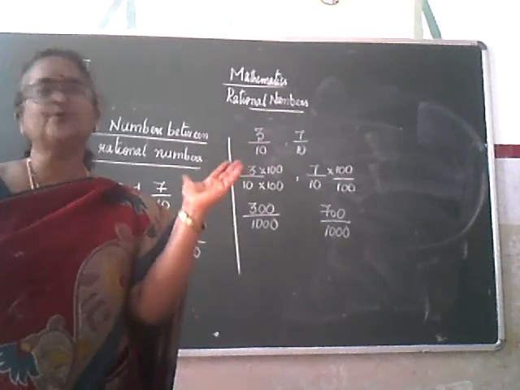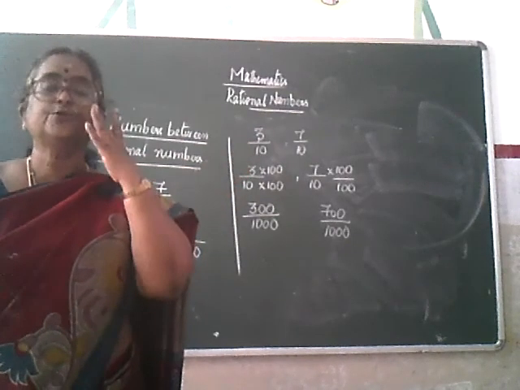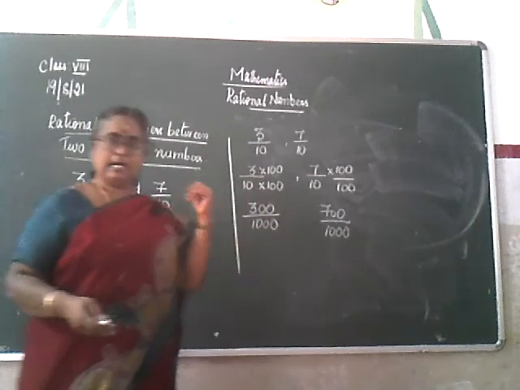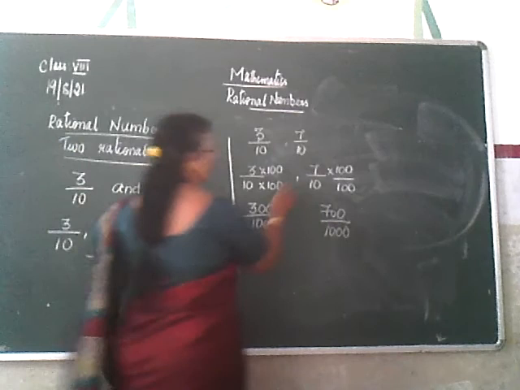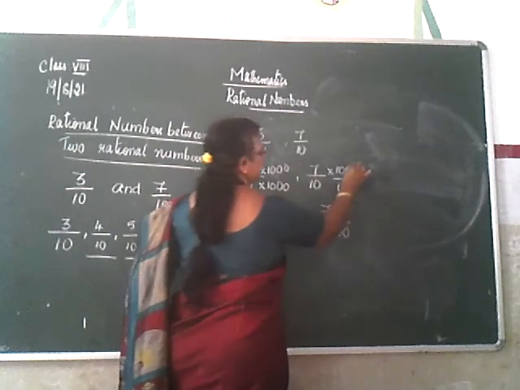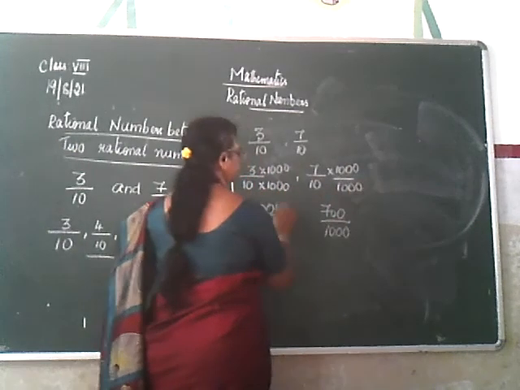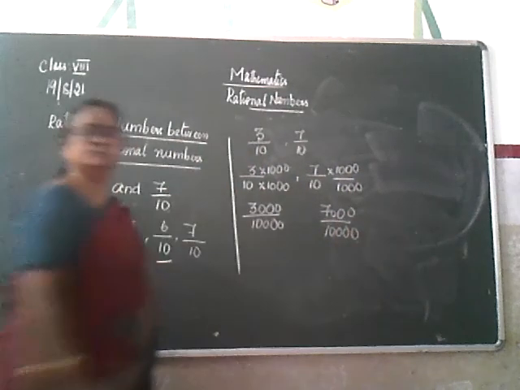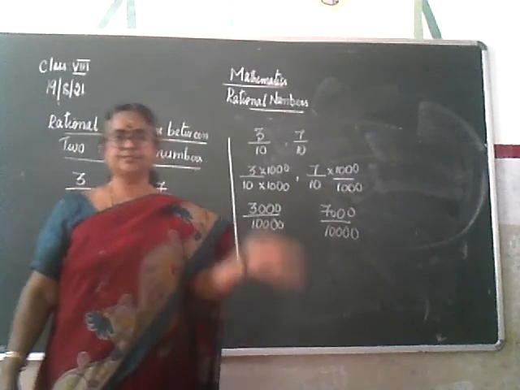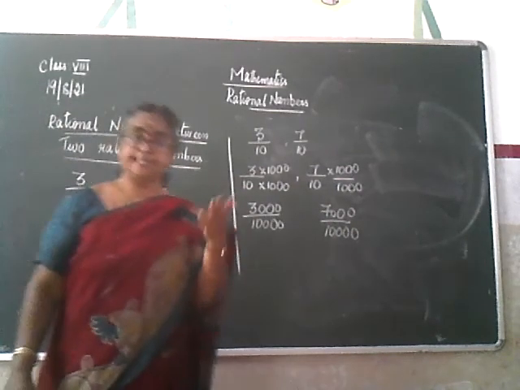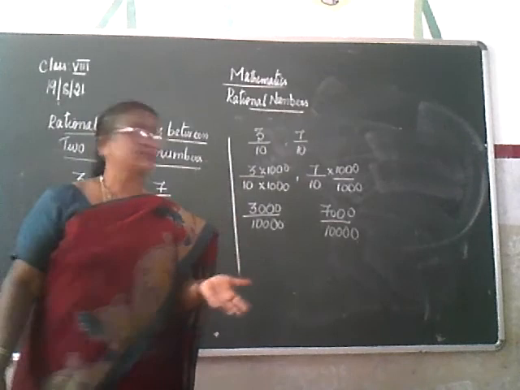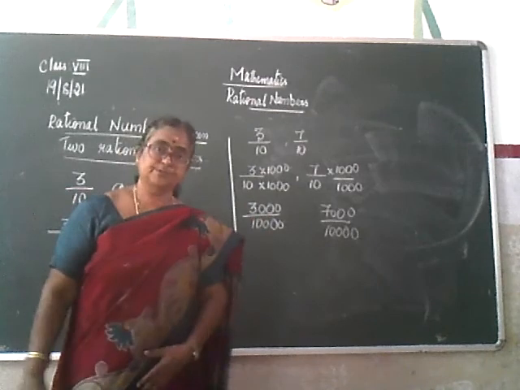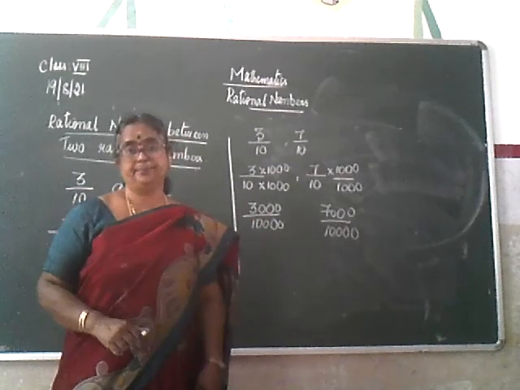Yes, you get more, isn't it? If I multiply by 1000, yes, 3001 by 10,000, 3002 by 10,000, 3003 by 10,000, up to 6999 by 10,000. Again you get infinity.